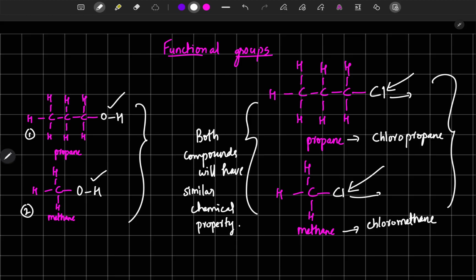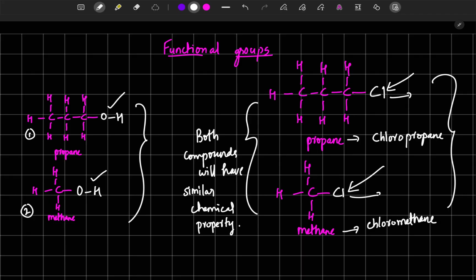Here also this chlorine atom is imparting some chemical properties, or some function, to the compound. Such an atom or a group of atoms which, when attached to a carbon compound or an organic compound, imparts certain chemical properties to that particular compound is called a functional group.